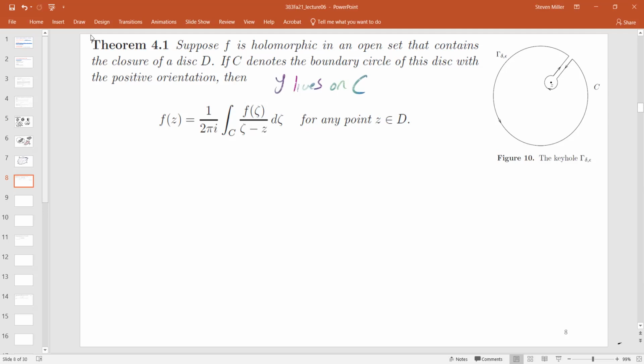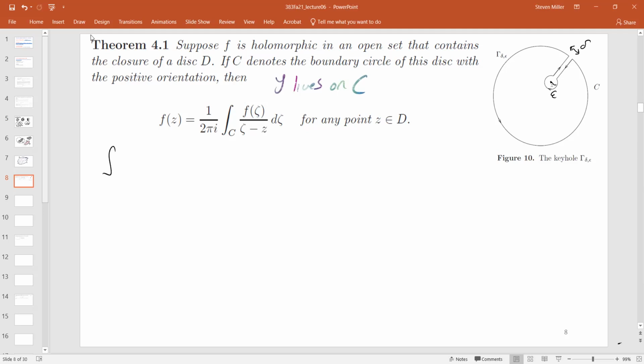So we call C the outside. So I think we're calling gamma delta epsilon the whole thing. So here it's a circle of radius epsilon, and maybe here this is a width of delta.